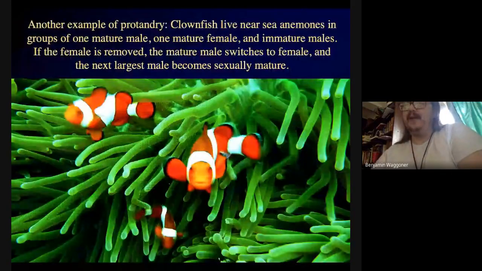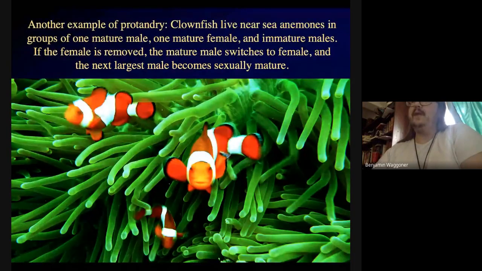Another fun example, protandry. This is my beef with Finding Nemo. Clownfish, of course, live near sea anemones in groups, and there'll be one mature male, one mature female, and some immature males. The immature males, by the way, are not the offspring of the mature male and the mature female.